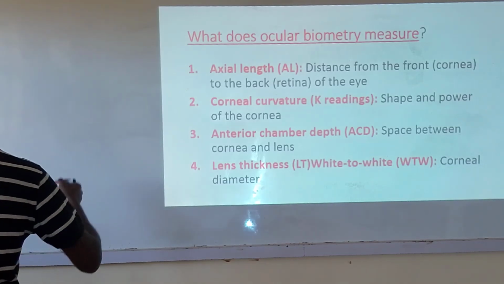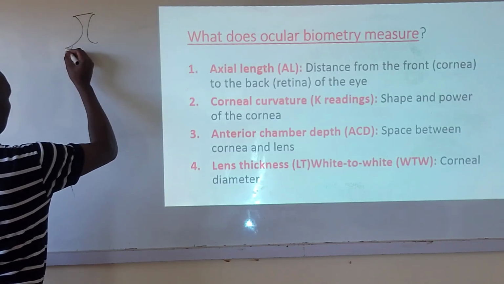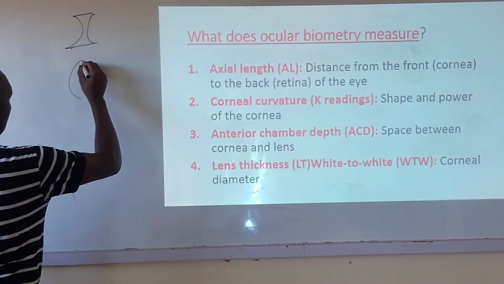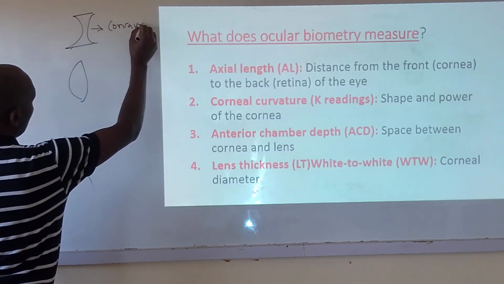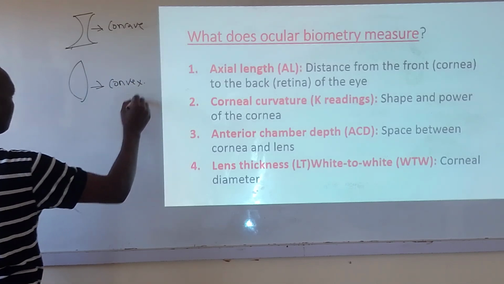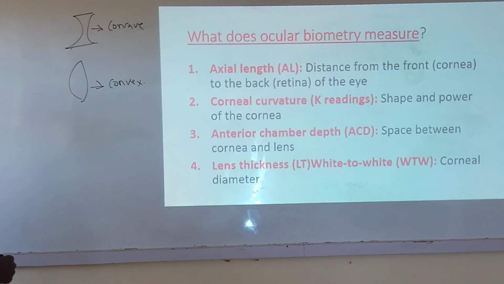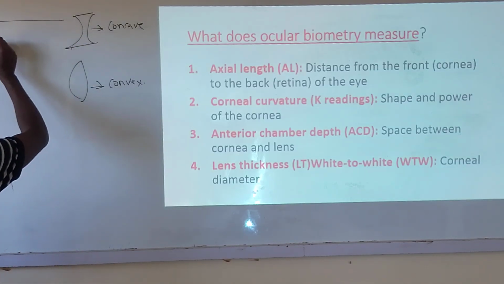For example, if I have two lenses here, this one here, and another one here, then this will be the concave, and this will be the convex. Light travels in a straight line. So this is our light.